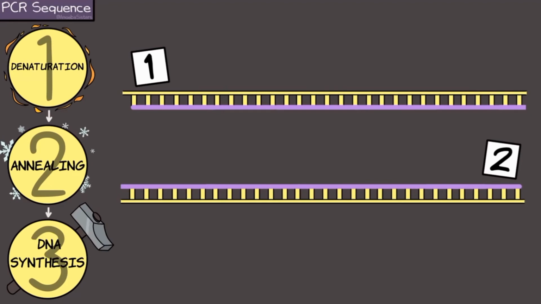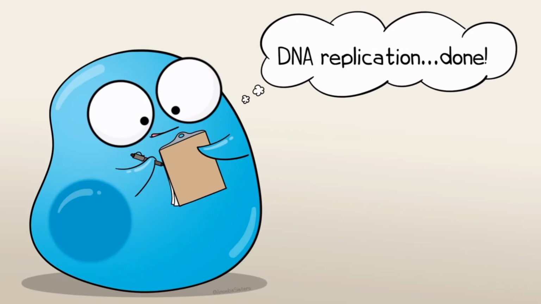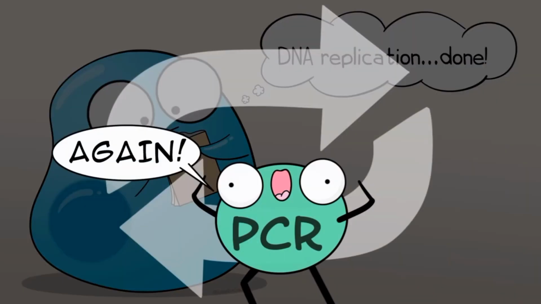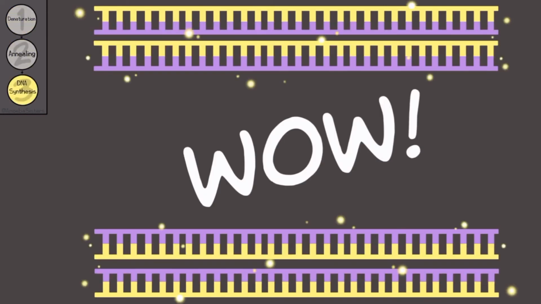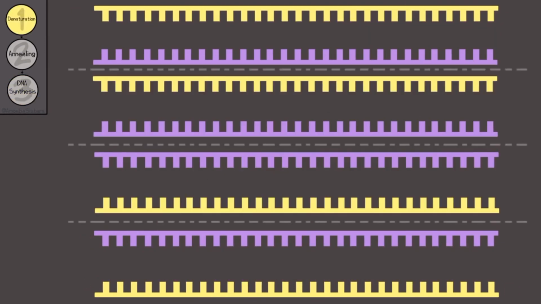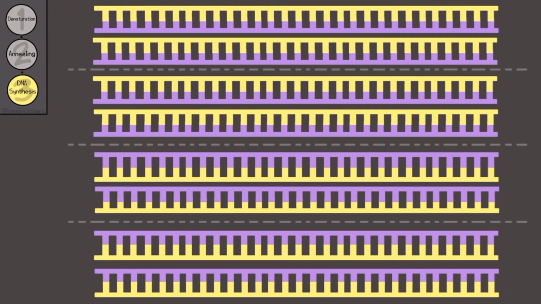The result of one cycle of PCR is two double-strand sequences of target DNA, each containing one newly made strand and one original strand. The cycle is repeated many times, as most processes using PCR need large quantities of DNA. It only takes 2 to 3 hours to get a billion or so copies.